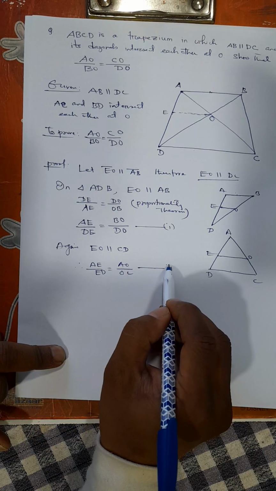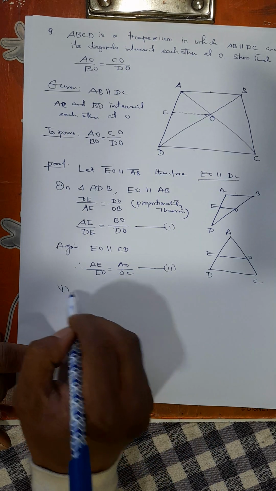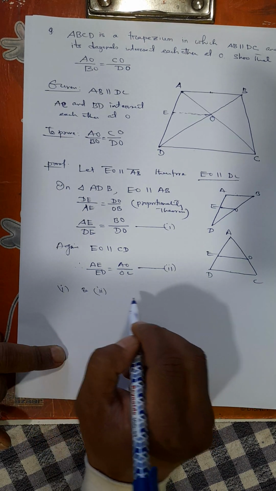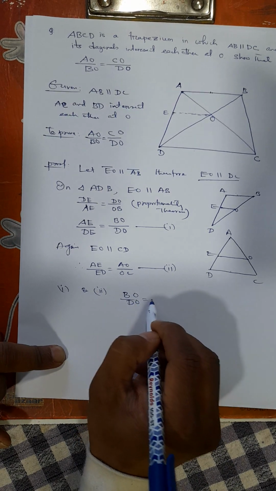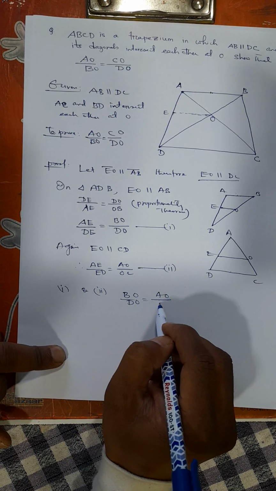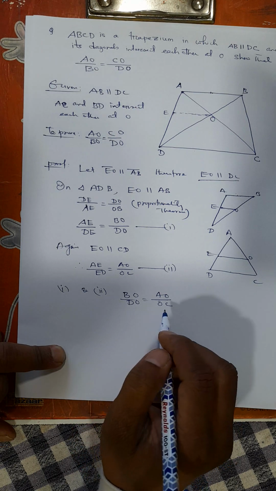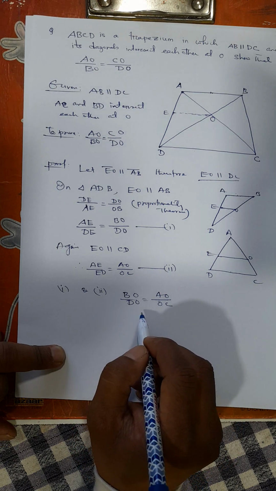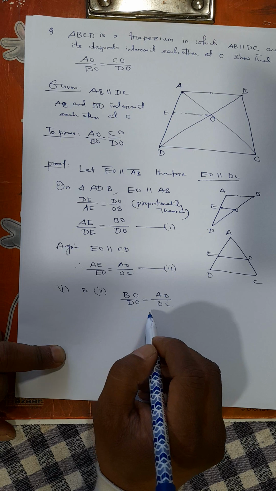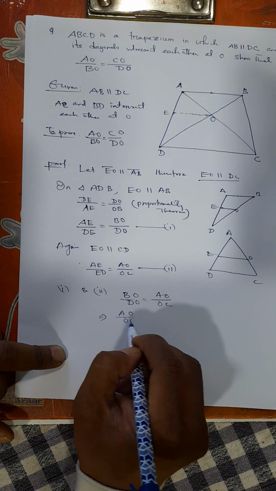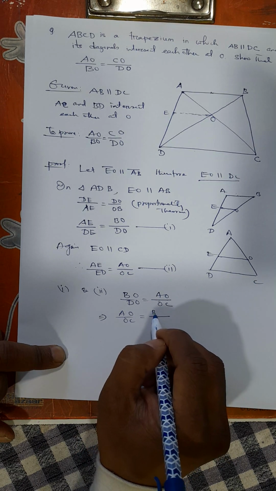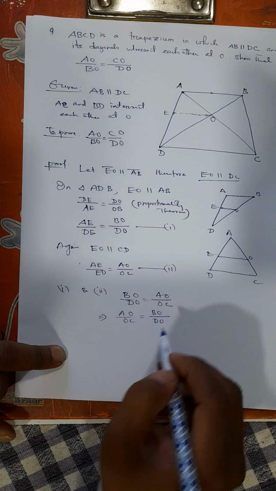This is 2. Now from 1 and 2, you can conclude that BO by DO equals AO by OC, or you can write AO by OC equals BO by DO.